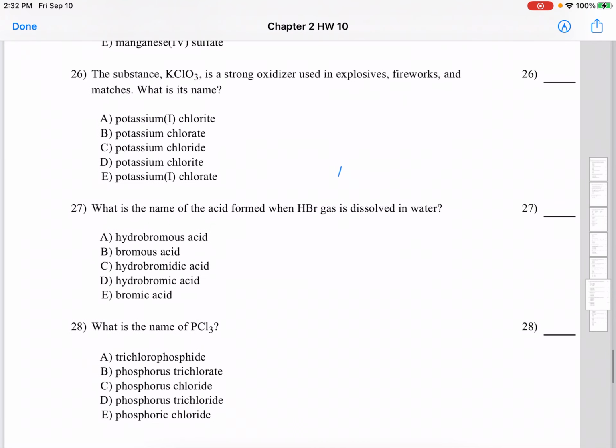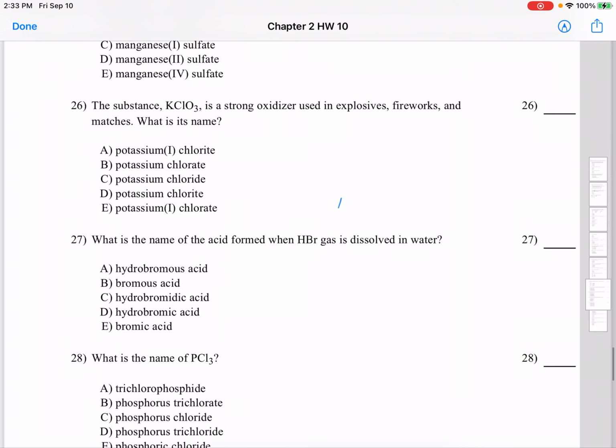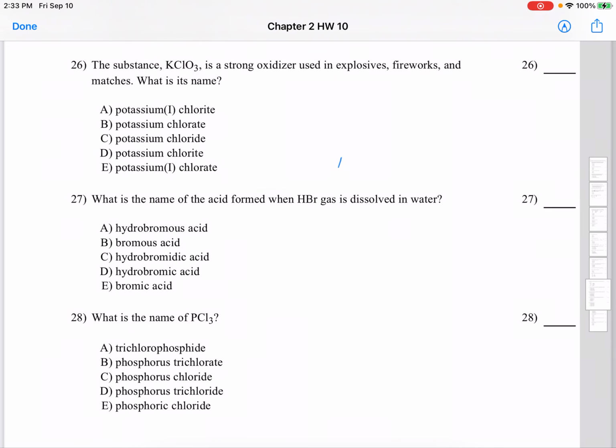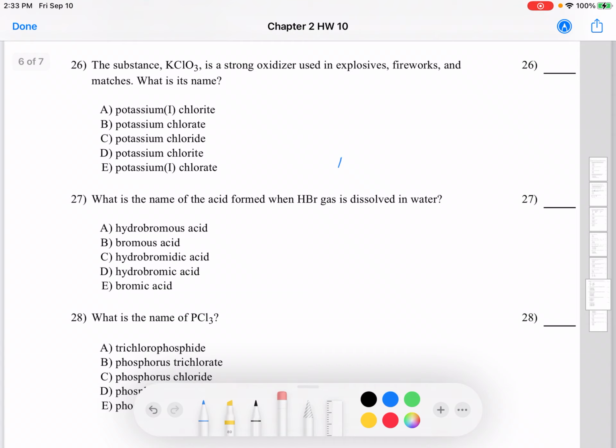the substance KClO3. What is its name? Okay, so KClO3, potassium and then ClO3. So the first element is potassium, which is a main group element. And then you have ClO3. So the two ions, one is potassium, the other one is ClO3. Okay, so you find out that potassium is in group 1, it normally forms a +1 charge.